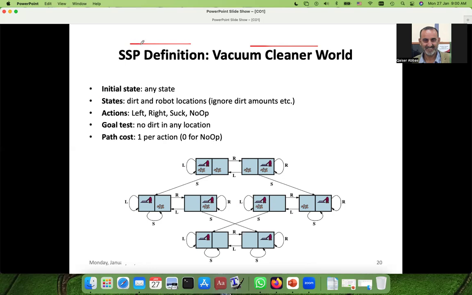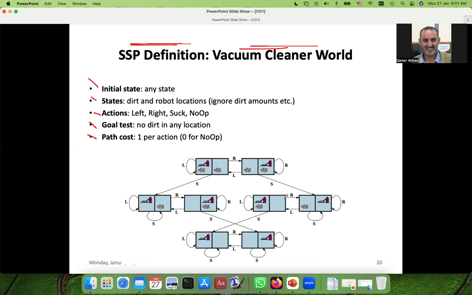So now we have to write the problem definition for the vacuum cleaner agent. Problem definition means you have to write 5 things like before: the initial state, the goal state, the total number of states, the actions available in that problem, and the path cost. These are the 5 things you have to define.